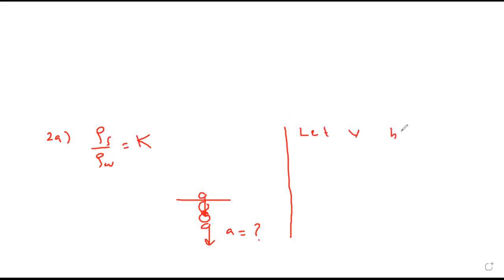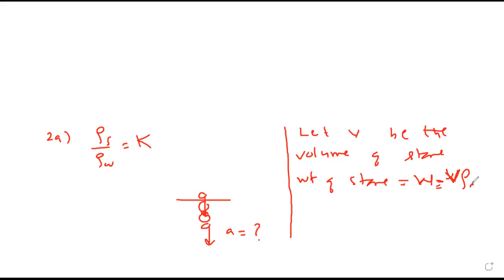Let V be the volume of stone. So weight of stone W equals volume of stone into density of stone into g, and upthrust, it is called buoyancy force, will be volume of body, density of water into g.